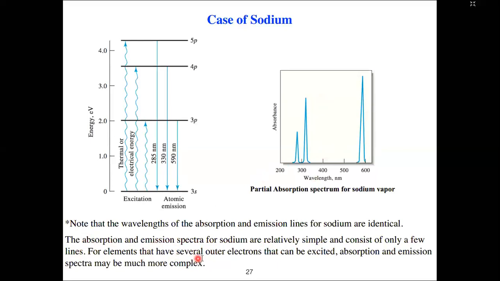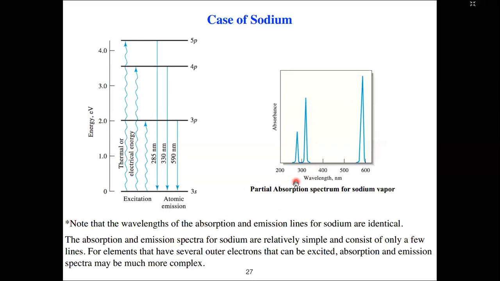For elements that have several outer electrons that can be excited, the absorption and emission spectra may be much more complex. So what this is saying is, in the case of sodium, there is only one valence electron, so the lines are very simple. However, if we are doing other elements with multiple valence electrons, then the spectra will be a little bit more complex.